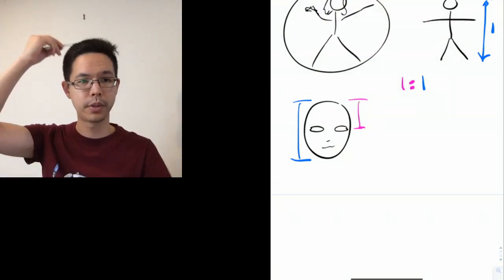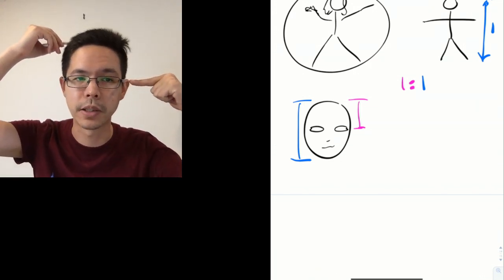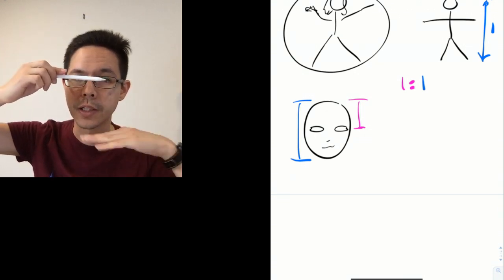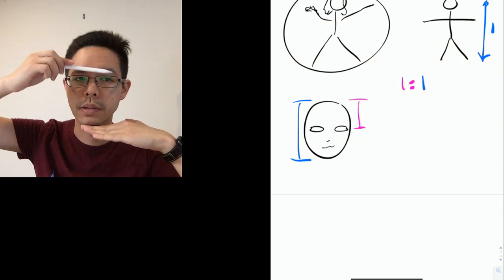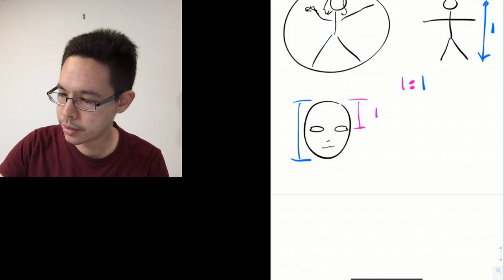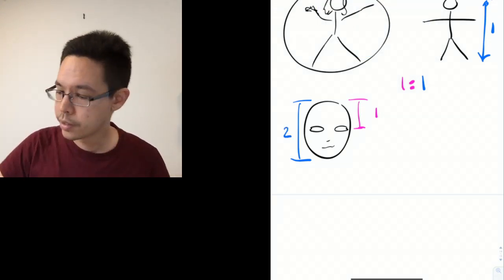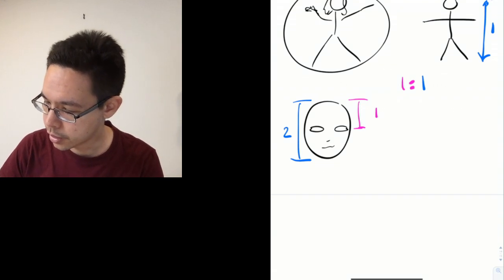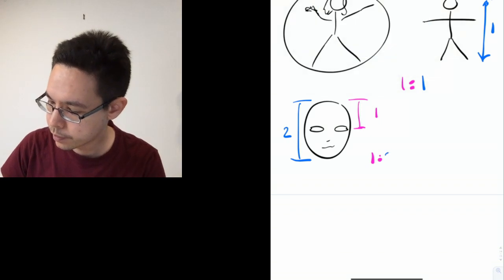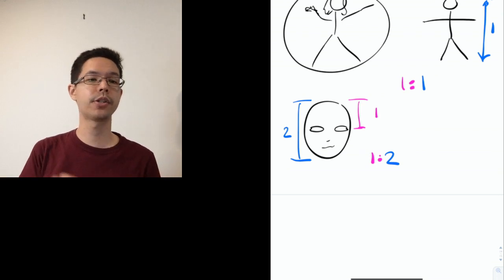From the top of your head to your eyes, if you look at my goofy face a bit longer than you have to, you'll see the top of my head to my eyes is about 50%, right in the middle, isn't it? So for that size there, the head would be double that size in terms of length. So that ratio here is 1 is to 2. It's a way of representing the scale of something to something else.